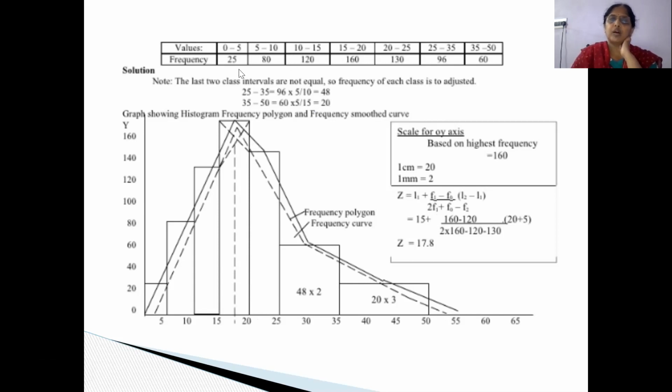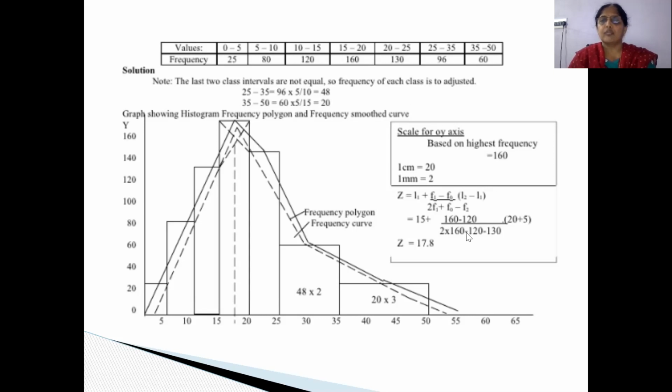f1 minus f0 is 160 minus 120, that is 40. What is the formula? 2 into f1 minus f0 minus f2. F1 is how much? 160.